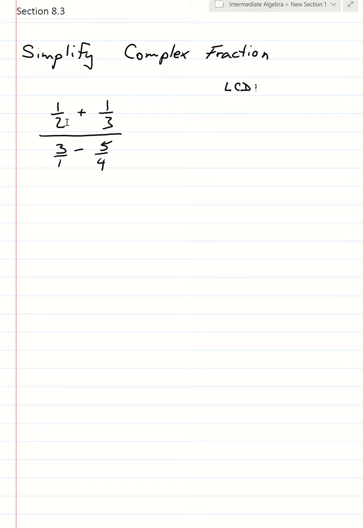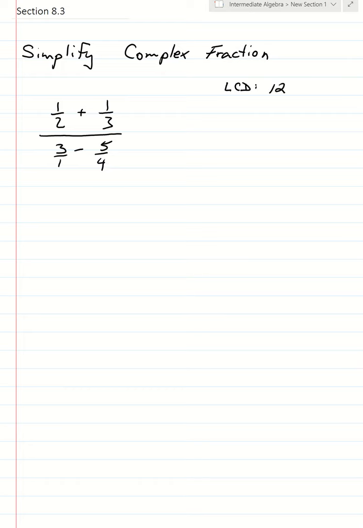We look at the denominators 2, 3, 1, and 4, and try to come up with the smallest number divisible by all of them. The smallest number that comes to mind is 12.